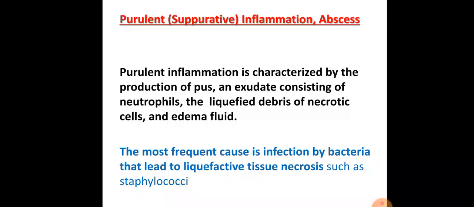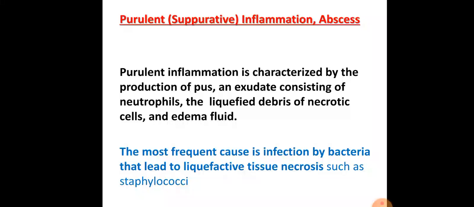The other morphological type of acute inflammation is the purulent or suppurative inflammation, which forms an abscess. The purulent inflammation is characterized by the production of pus and exudate consisting of neutrophils, the liquefied debris of necrotic cells, and edema fluid.